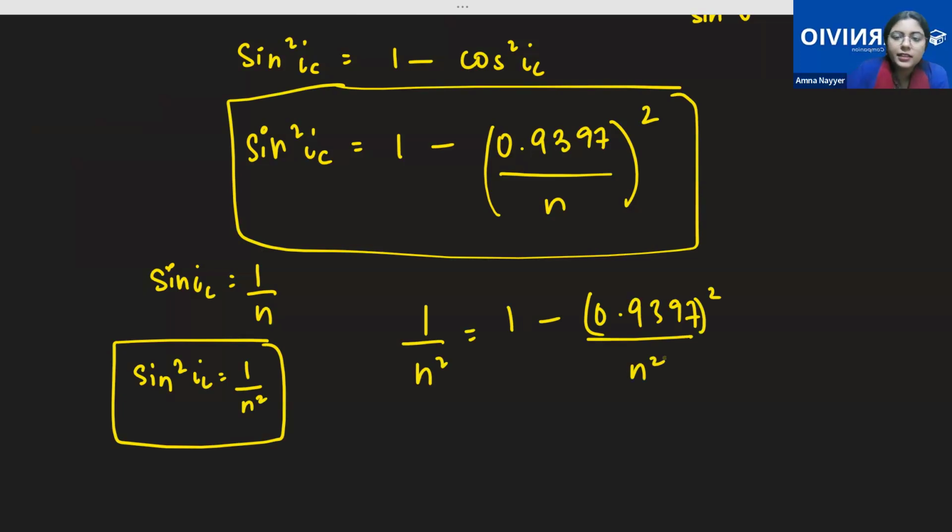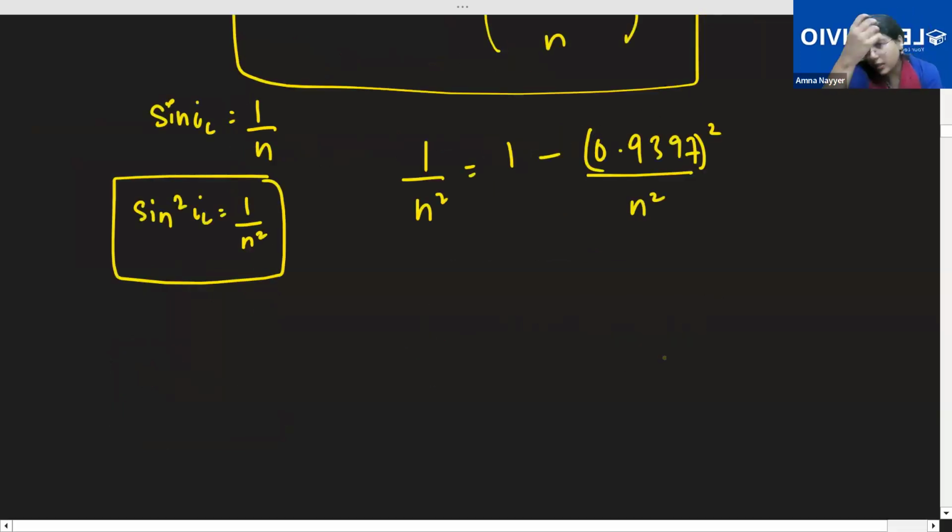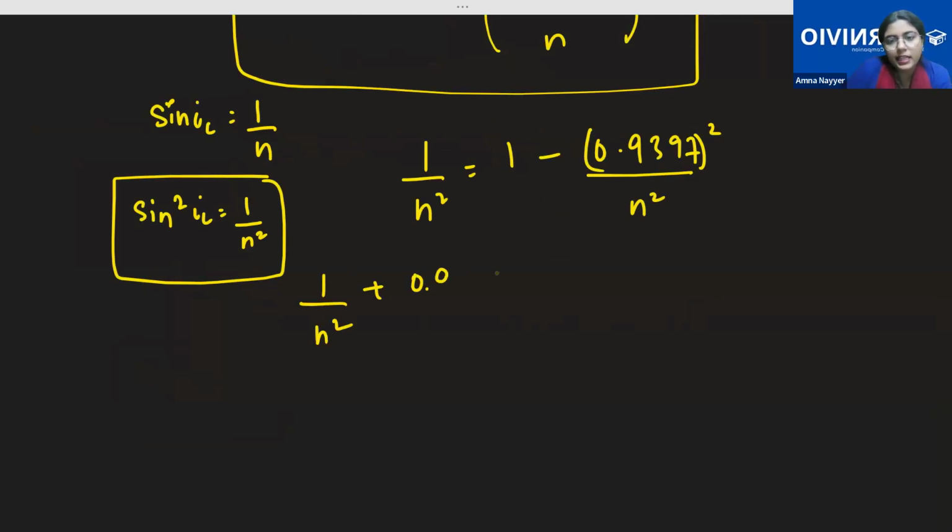Okay. So if we shift this term to the other side, 1 by n square plus 0.9397 whole square by n square will be equal to 1. Correct?